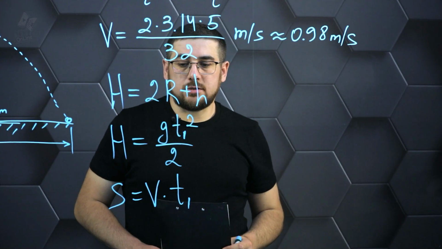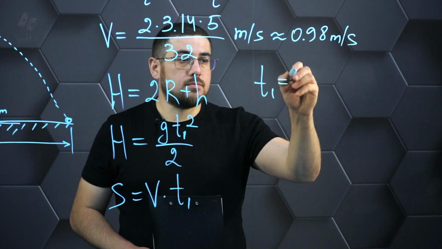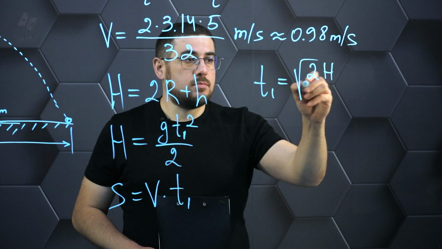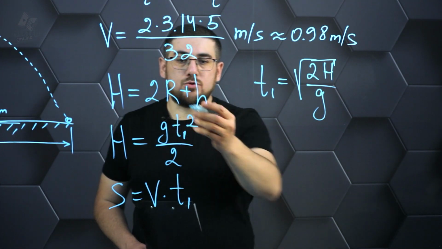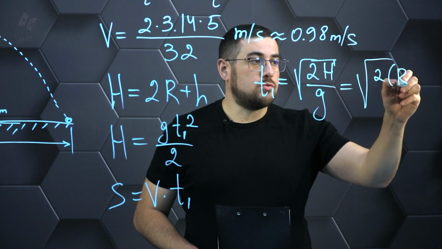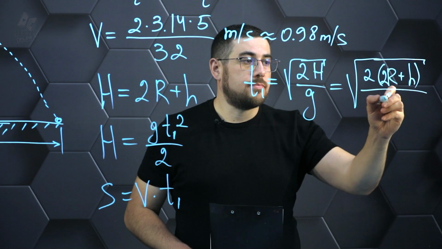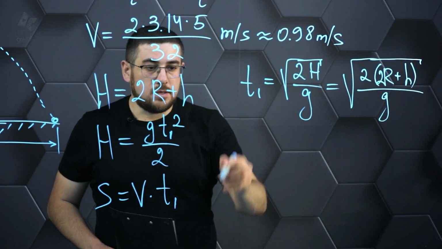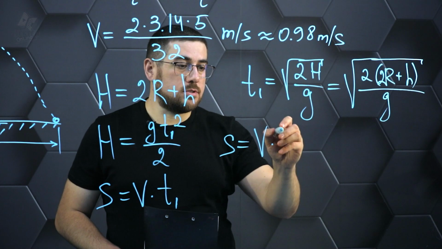Let's derive t1 from the formula for the height of the fall. We get this expression, and instead of H we can write that it's equal to the sum of 2r plus h small. And for the range of flight, we put these two formulas together.